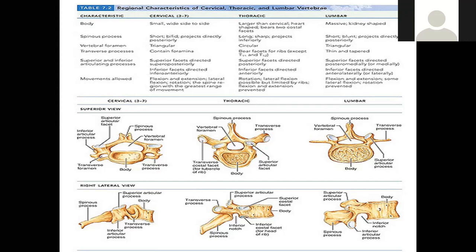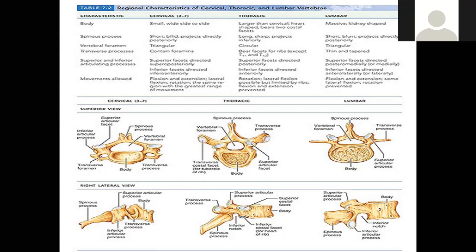On the cervical vertebra, the transverse processes have transverse foramen that allow the arteries and veins to go to the brain, to allow for circulation to get to the brain. On the thoracic transverse processes, there are facets that allow for articulation with the ribs.